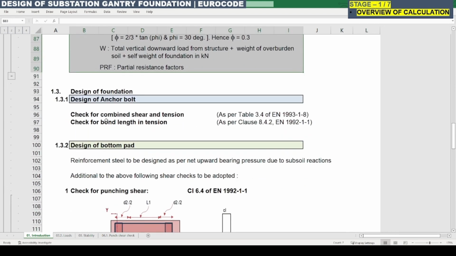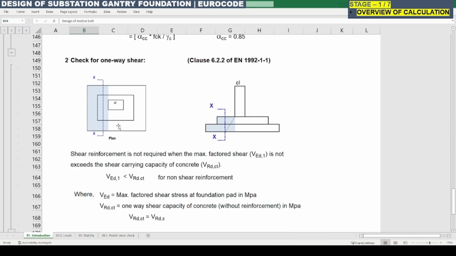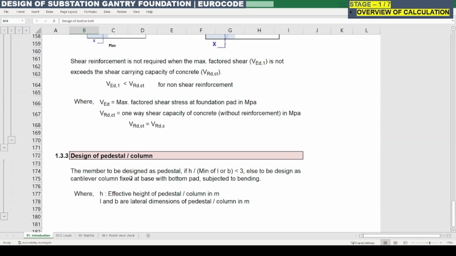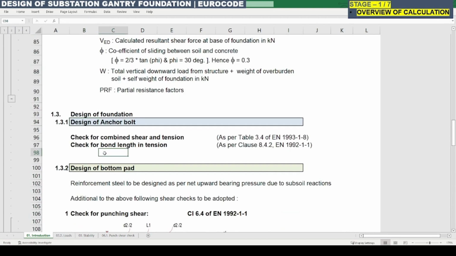Next, coming to the design of foundation. In the design of foundation, there are various elements like design of anchor bolt, design of bottom pad, and finally the design of pedestal. For the design of anchor bolt, we need to do two calculations. One is to check for combined shear and tension, which is as per table 3.4 of EN 1993 part 1 section 8.